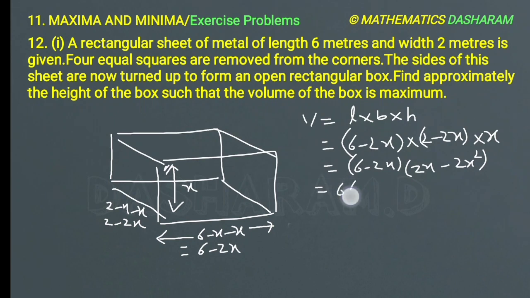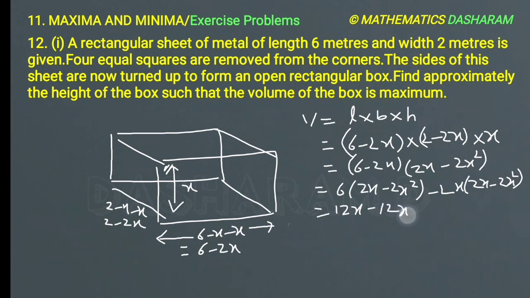Next it is equals to 6 bracket of 2x minus 2x square, minus 2x bracket of 2x minus 2x square. So it is equal to 12x minus 12x square minus 4x square plus 4x cube.